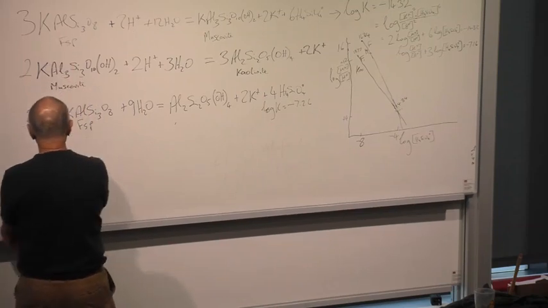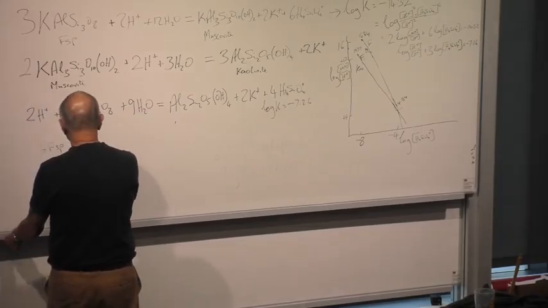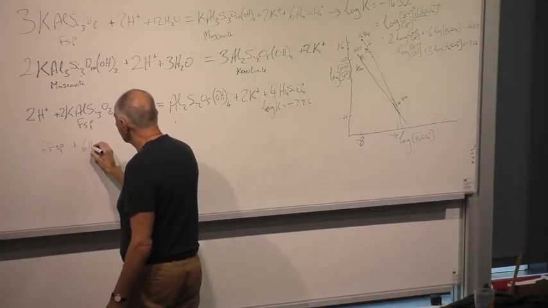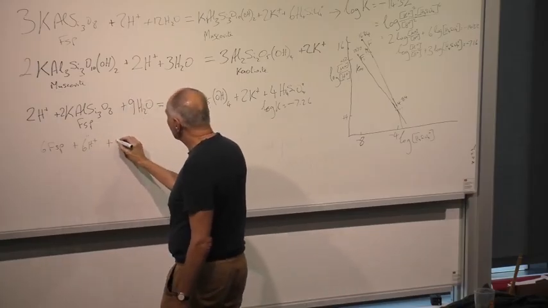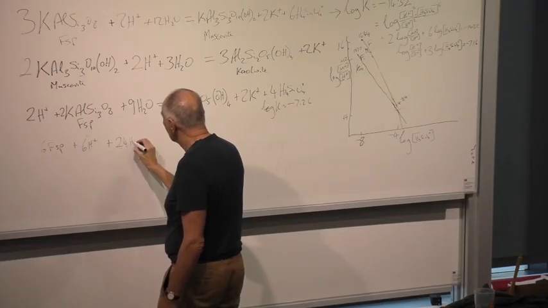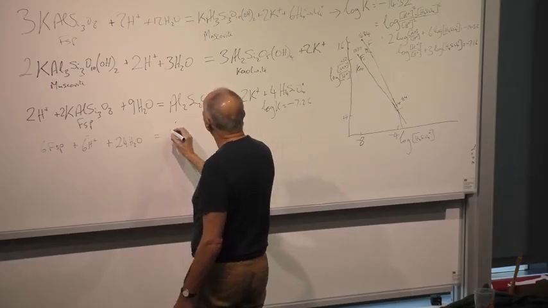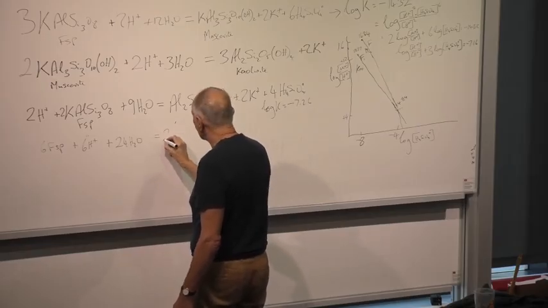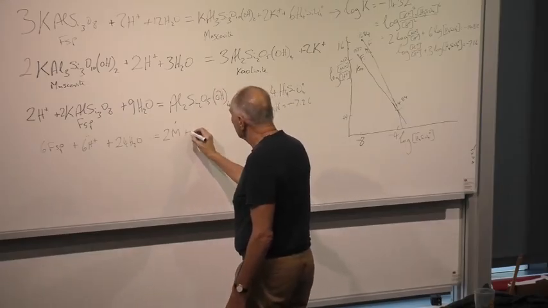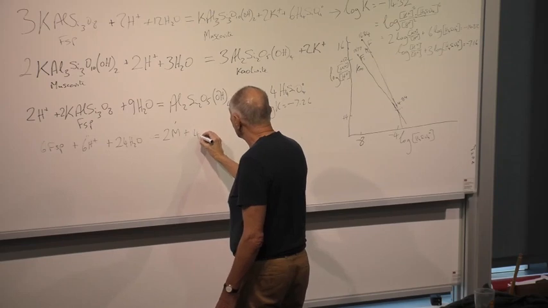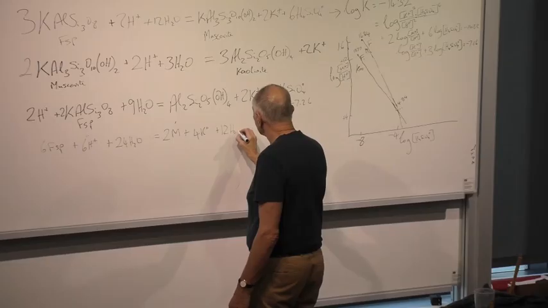So that's 6 feldspar plus 6H plus 24 H2O equals 2 muscovite plus 4K plus 12 H4SiO4.